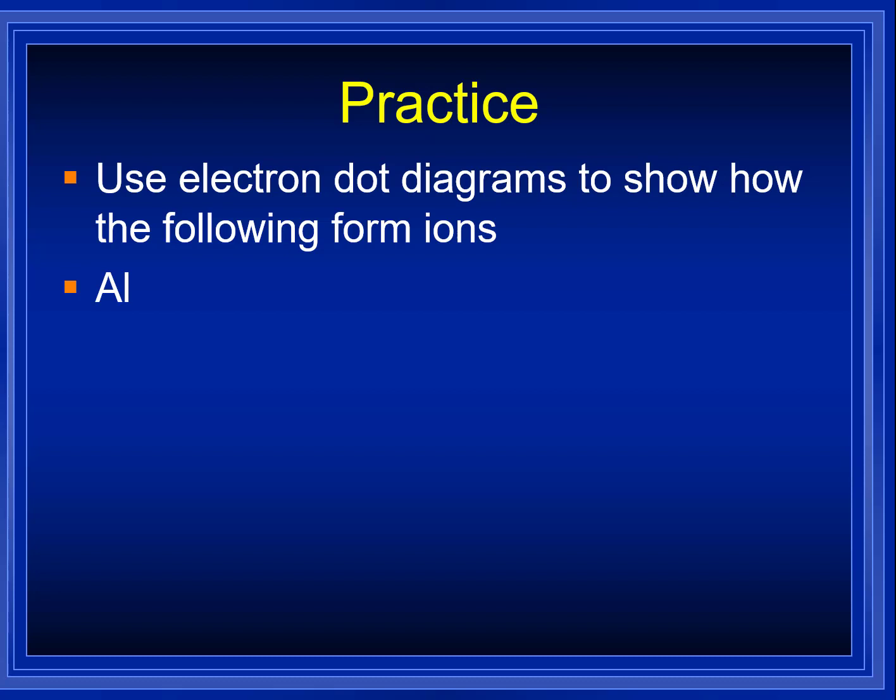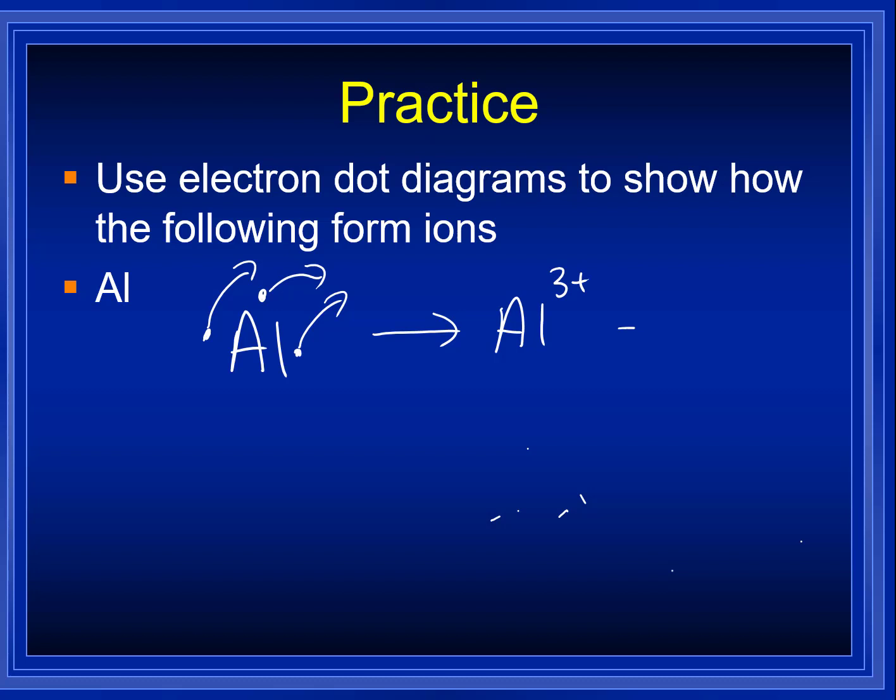How would aluminum form an ion? Aluminum is in group 3A. So it gets 3 dots. What happens to those electrons? They lose, they go away. So I end up with an aluminum without dots, that is 3 plus, and I have 3 electrons that are left over. Make sense?